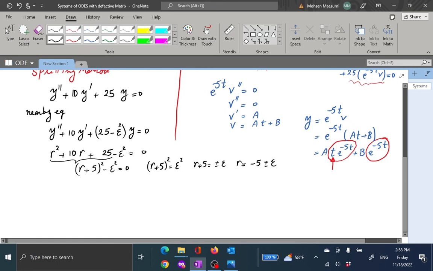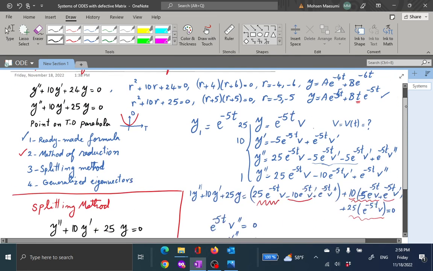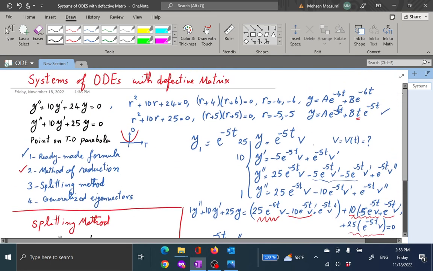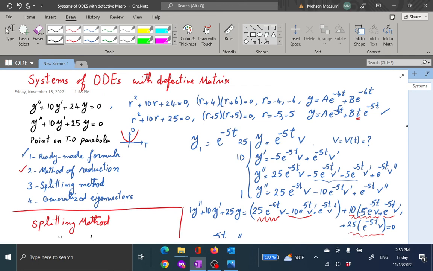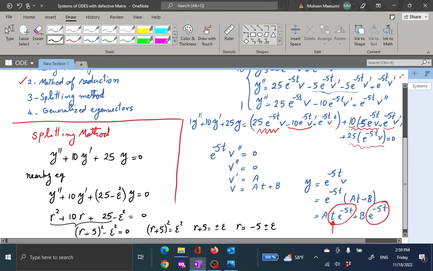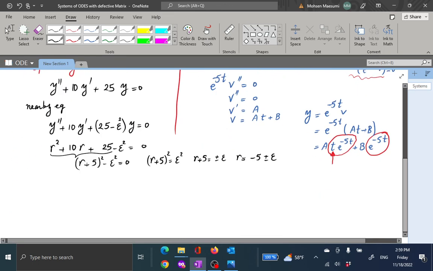So depending on how big epsilon is, I am splitting, and there's a reason for this terminology I'm using, I'm splitting these things, moving them, pushing them apart from each other so that there's a gap between the two of them. So one of these things is minus 5 minus epsilon, the other one is minus 5 plus epsilon, and there is a gap between these two.